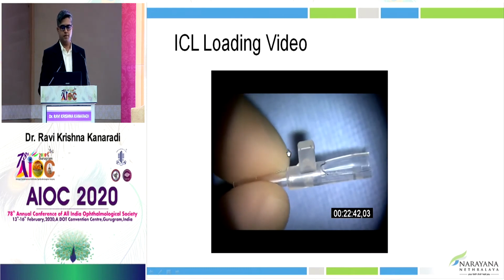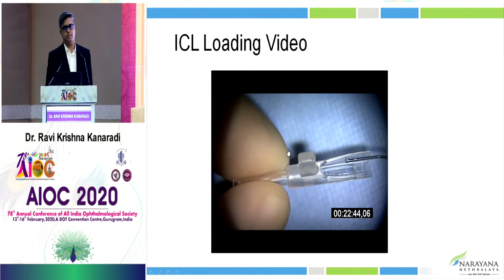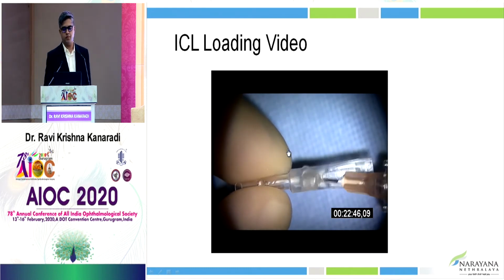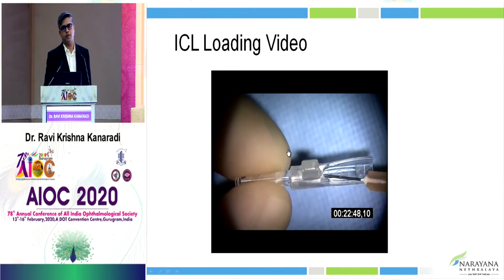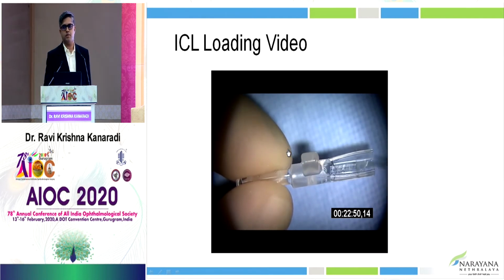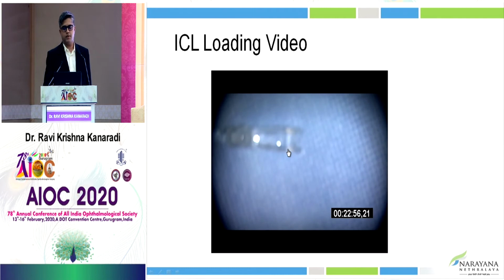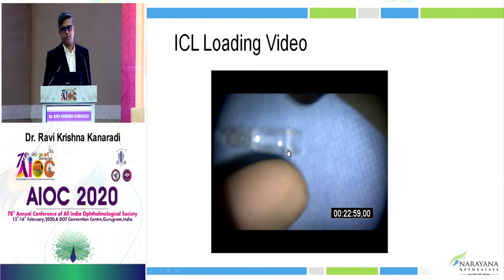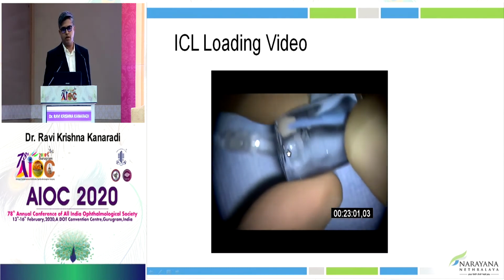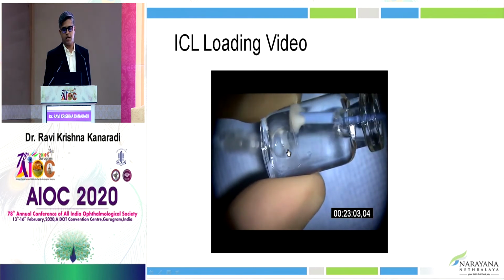First we fill the cartridge with BSS, then visco, and do not overfill the cartridge with visco because it will be difficult for you to load the lens. Then with the foam tip plunger we can remove the ICL from the bottle and place it over the cartridge.